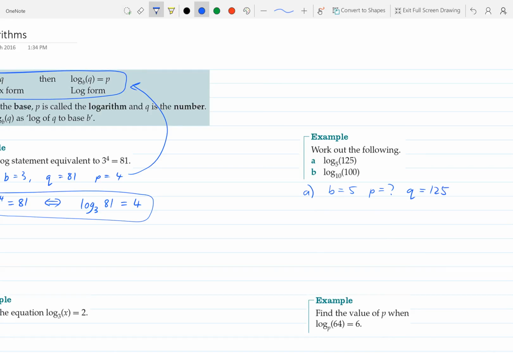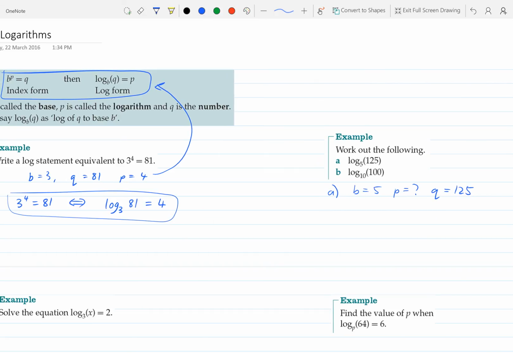Writing that into index form, we would have 5 to the power of p equals 125. We know that p would have to be 3, since 5 cubed is 125.